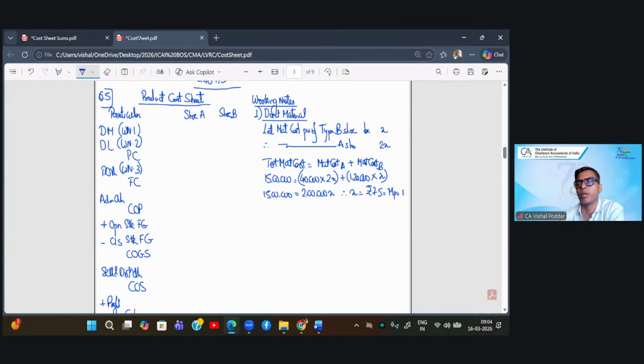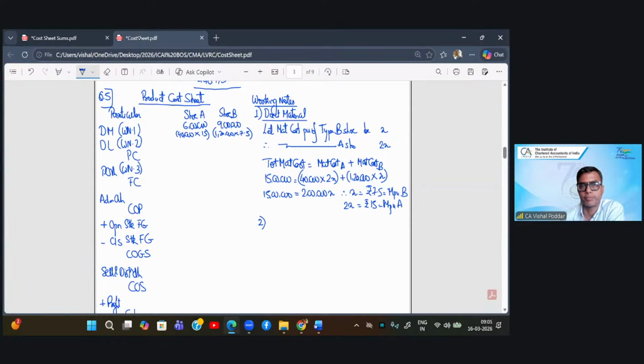Material per unit of B. Therefore 2x will be rupees 15. This will be material per unit of A. Correct? So now I will get these figures. This is 40,000 units into 15, which is 6 lakhs, and 1,20,000 units into 7.5, which is 9 lakhs.